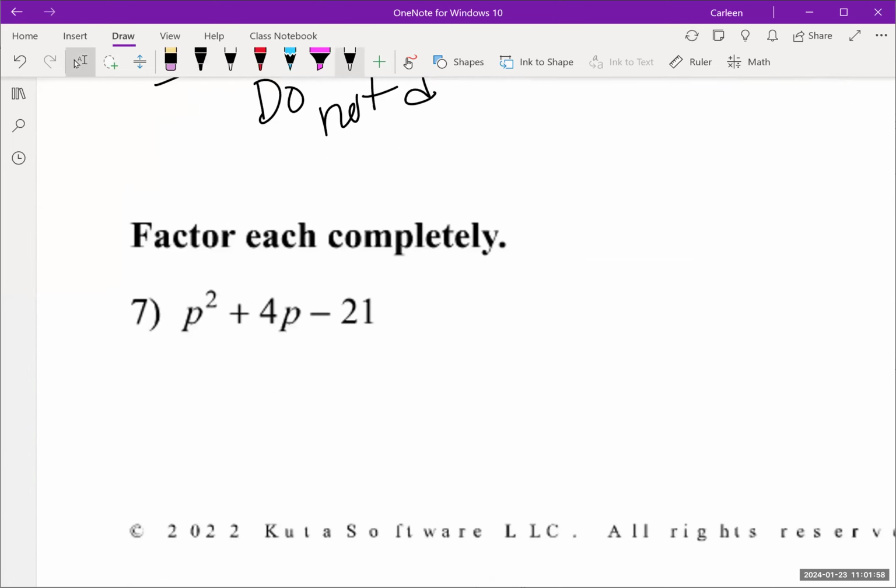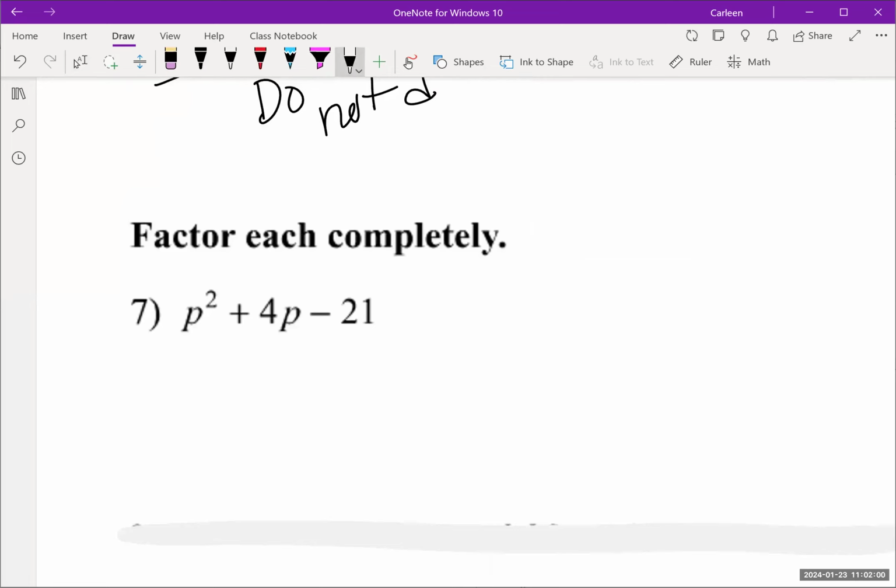Okay, let's factor this one. This is a diamond. Negative 21 goes on the top, 4 goes on the bottom. I am looking for two numbers that multiply to get negative 21 and add to get negative 4.